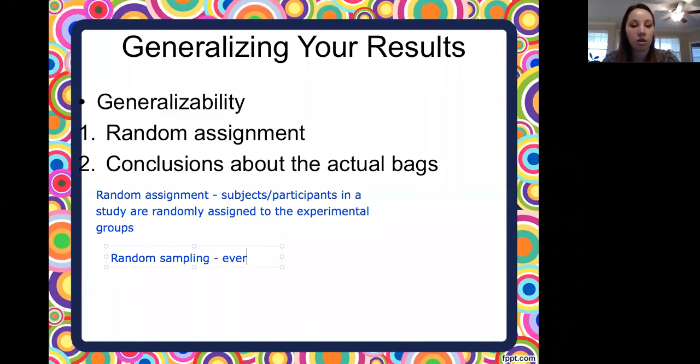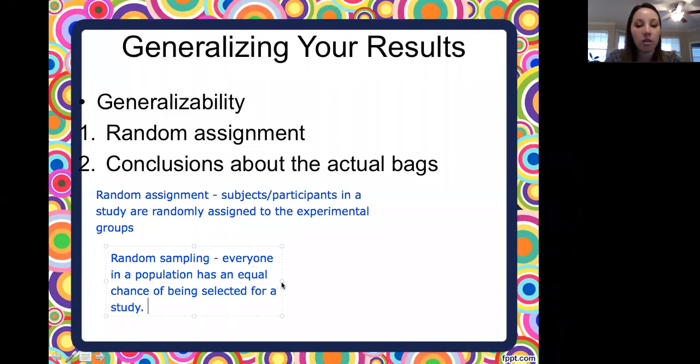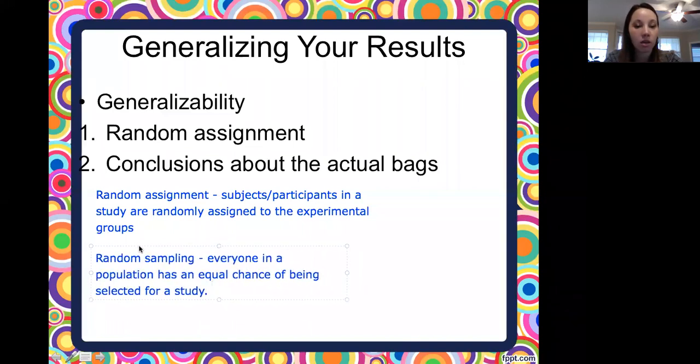This is where everyone in a population has an equal chance of being selected for a study.